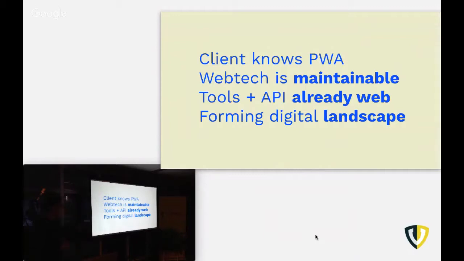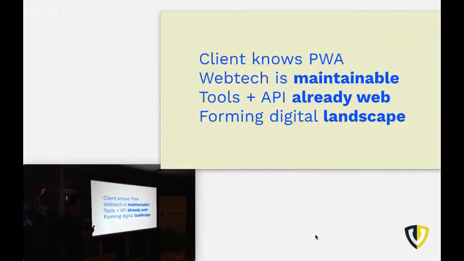Also, our product owner knows that web technology is maintainable, so that it's all JavaScript, or at least most of it is JavaScript, and a lot of people know JavaScript nowadays. The tools and the API that they use and that they already built are already on the web, so that was an easy one. And the most important part, I think, was that he is forming a digital landscape for his company, right?